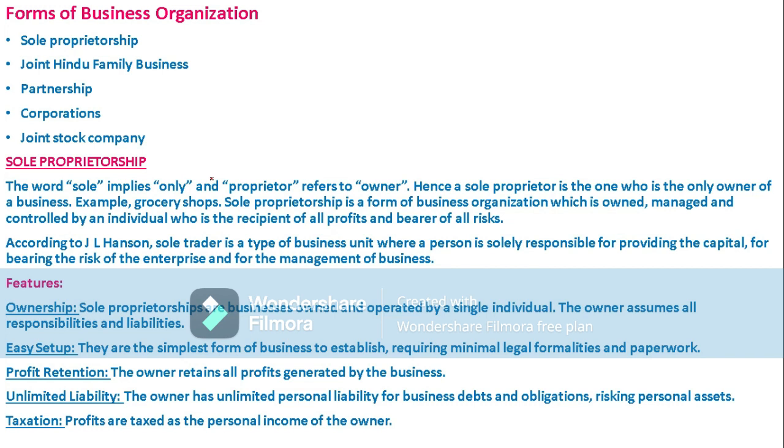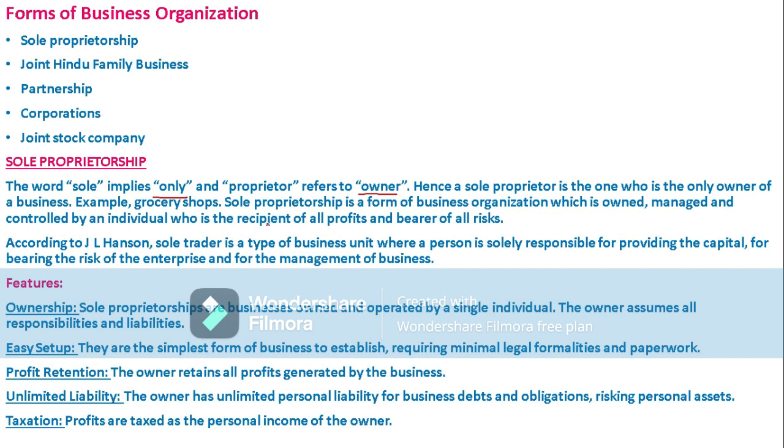So that is known as sole proprietorship, sole trade. Sole implies only, and proprietor refers to the owner, the owner of the business. So he himself is responsible either for profits or for losses, and he should pay tax also. Okay, taxpayer, he himself pays the tax also.